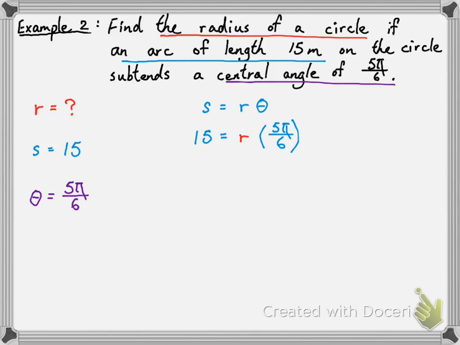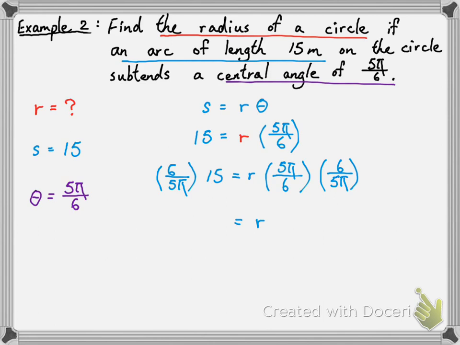Now, we are going to multiply both sides by 6 over 5 pi to solve for r. And now, in this case, we will reduce with 5 and 15. We have the final answer, 18 over pi meters, equals our radius.